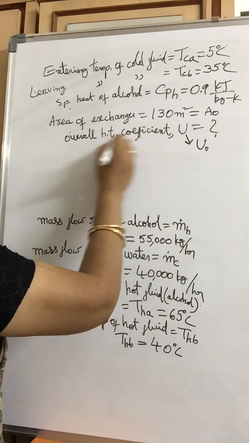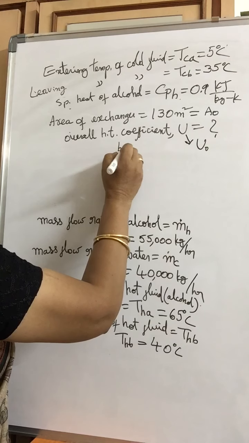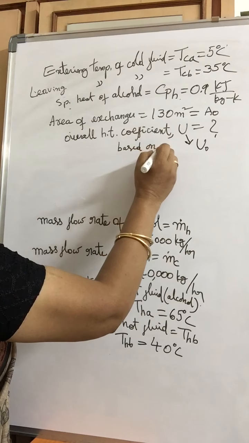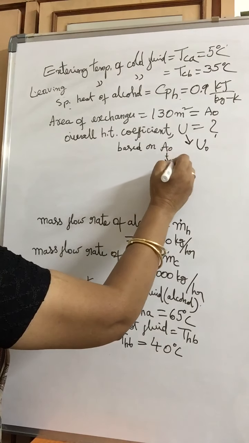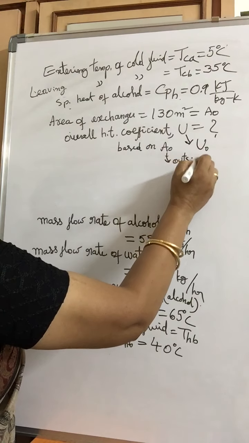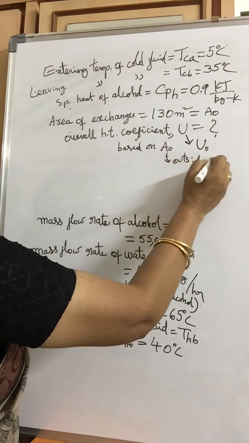U naught means overall heat transfer coefficient based on A naught. A naught is what here? Outside surface of the inner pipe wall. Why the inner pipe wall? Because the inner pipe wall is separating the hot and cold fluids in the double pipe heat exchanger.